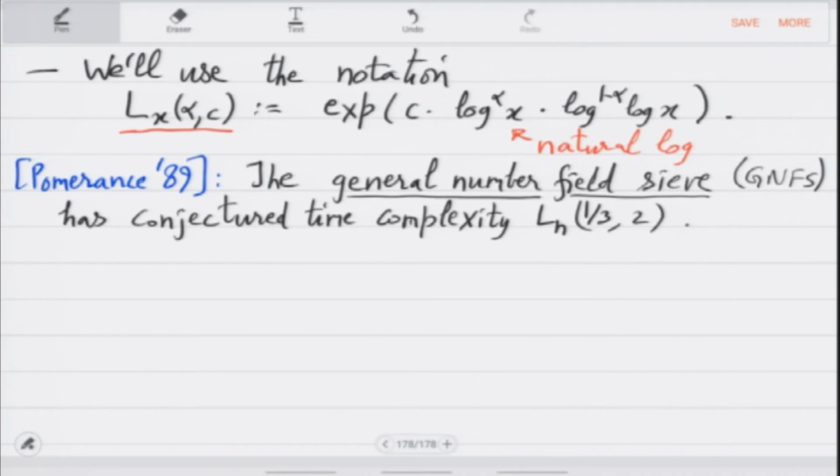Okay, so exponential in 2 times log n to the 1/3 times log log n to the 2/3. The dominating part is log to the 1/3. That is the conjectured complexity of GNFS.